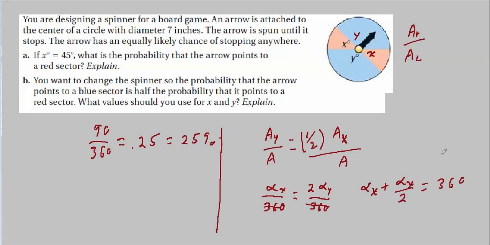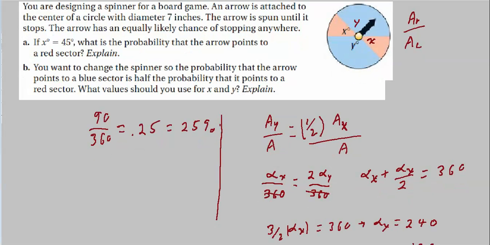Now I'm using alpha sub x and alpha sub y to represent the entire region here, both x's and both y's. So when we get done, we're going to get an actual answer that doesn't have to be multiplied by 2.